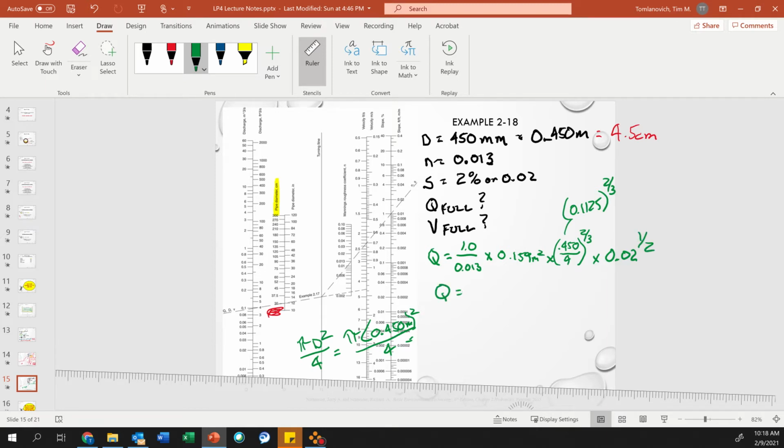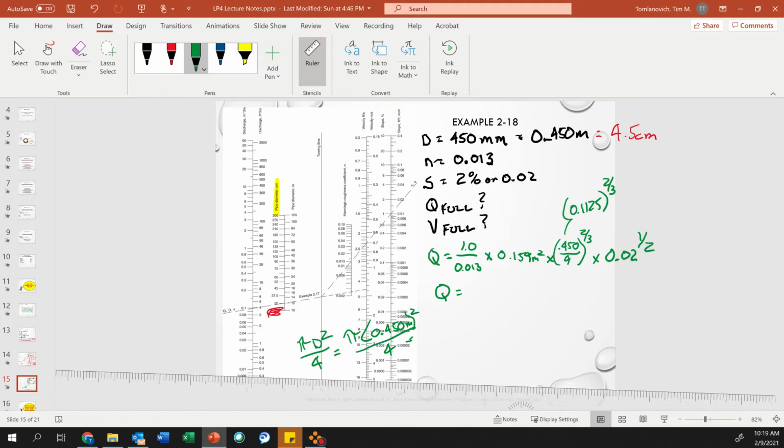So Q equals 1 divided by 0.013 times 0.159 times 0.1125 raised to 2 divided by 3, times 0.02 raised to the 0.5.